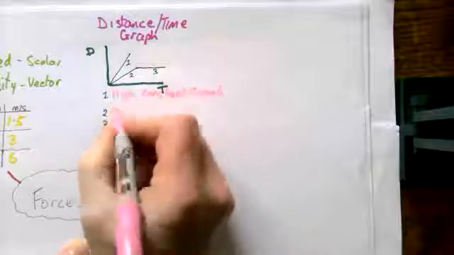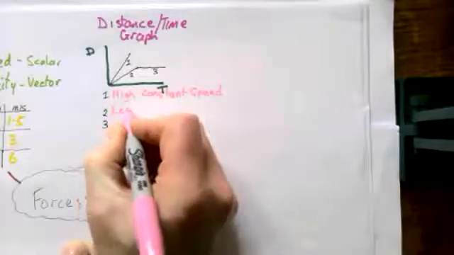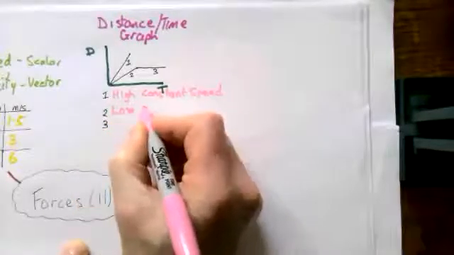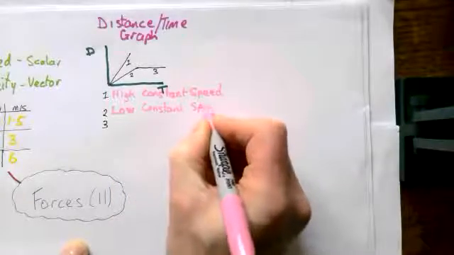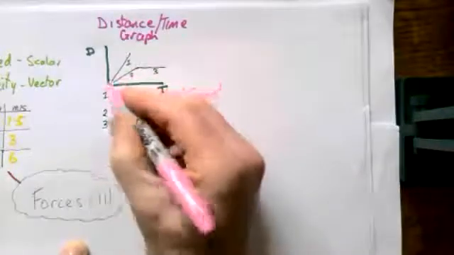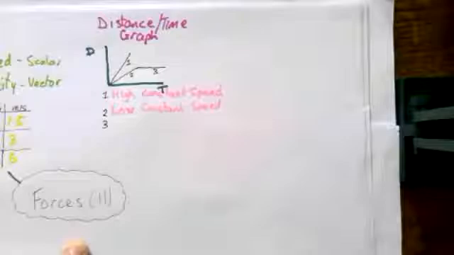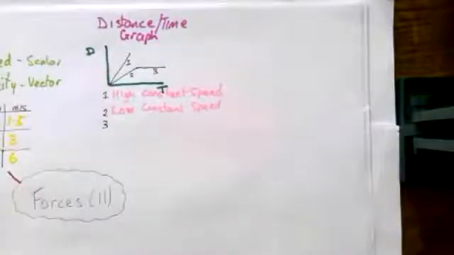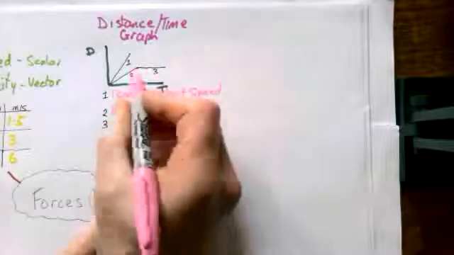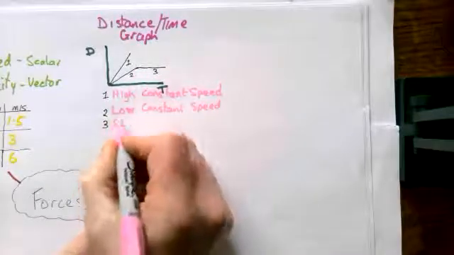Number 2, a lower gradient is a lower constant speed. Okay, so a straight line with a gradient is constant speed in the distance time graph. The steeper the gradient, the higher the constant speed. And as you probably know, a horizontal line is stationary.